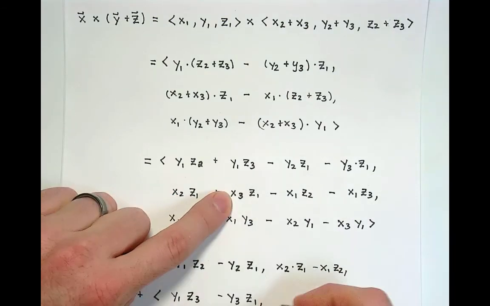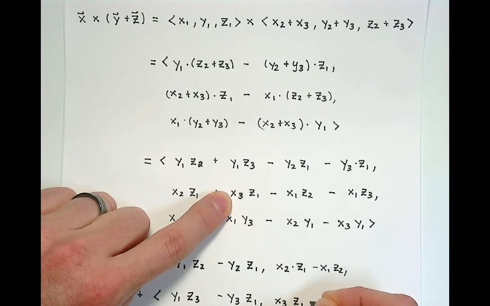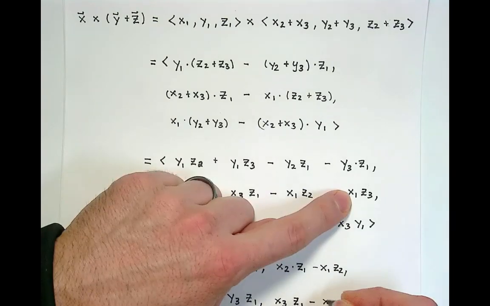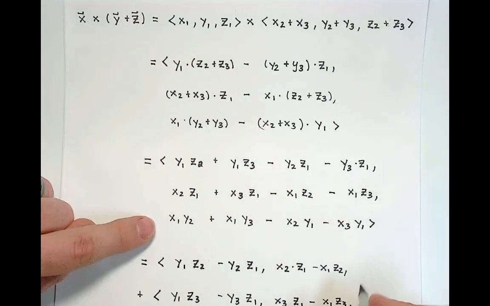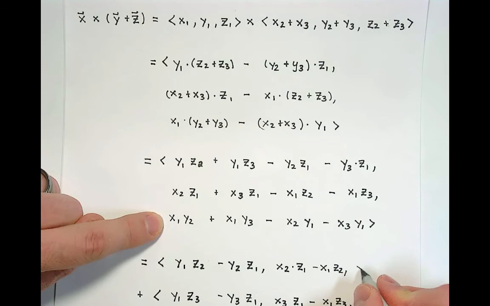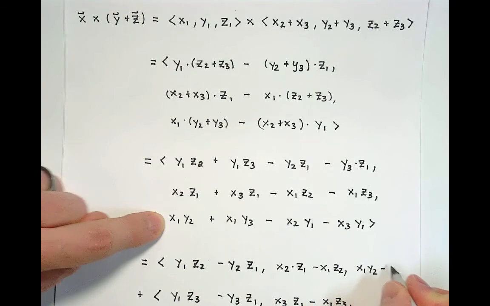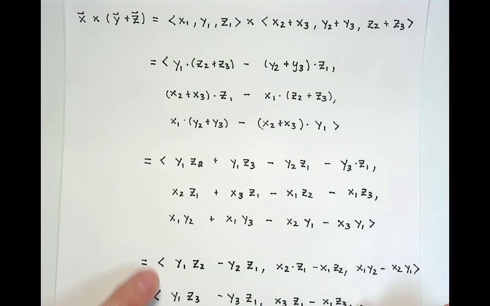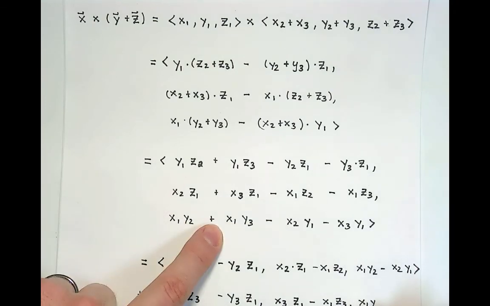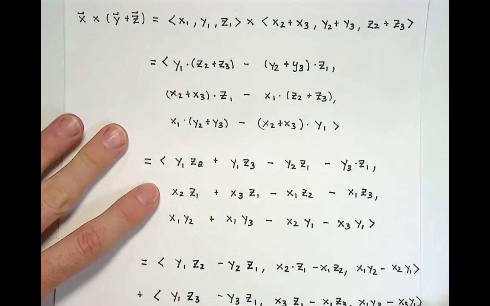And then I'm left over with x3z1 minus x1z3. And that was by separating those. And then the last one looks like x1y2 minus x2y1. And then we have x1y3 minus x3y1.